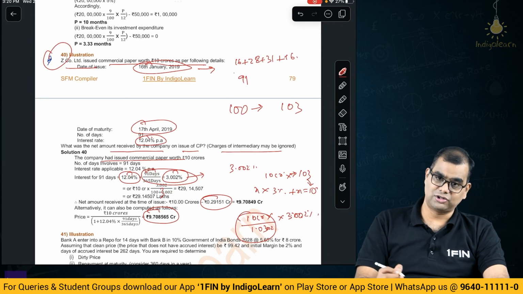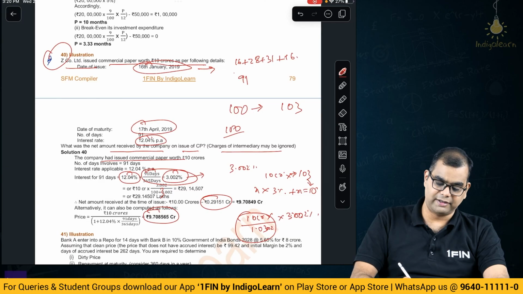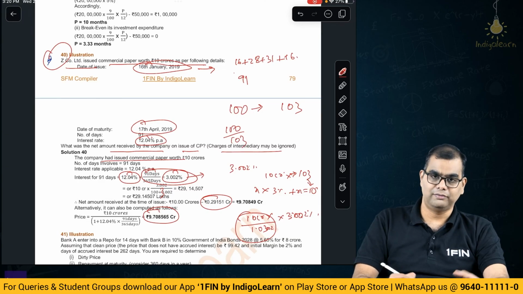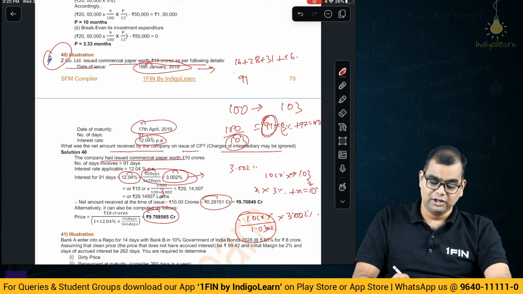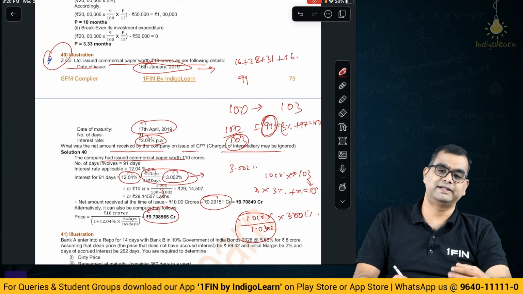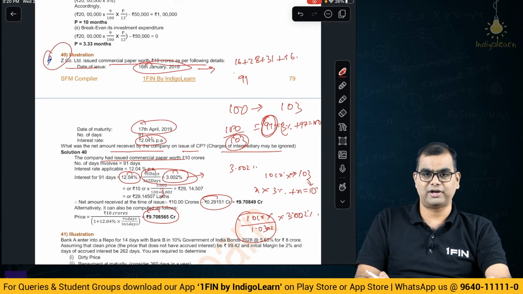So, the amount that you are basically getting is 100 by 103, because it includes interest. So, you will get some value like 97 or 98. On that you are paying 3%, which you add to 97, you are again getting to 100. This is what you are computing. You are now computing the value of this 97%, which basically is after subtracting the interest. And obviously, whatever is that 3% on this 97% is also what you are computing.